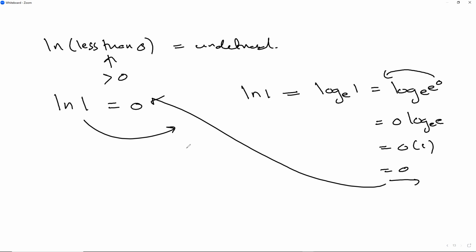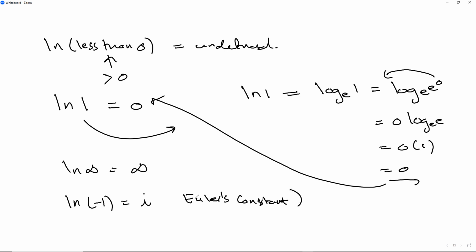So log of 1 is equal to 0. If you find the natural log of infinity, it will become infinity. And if you find the natural log of -1, we call that i, which is Euler's constant. We know it doesn't exist in the reals, but it does exist in Euler calculations as well.